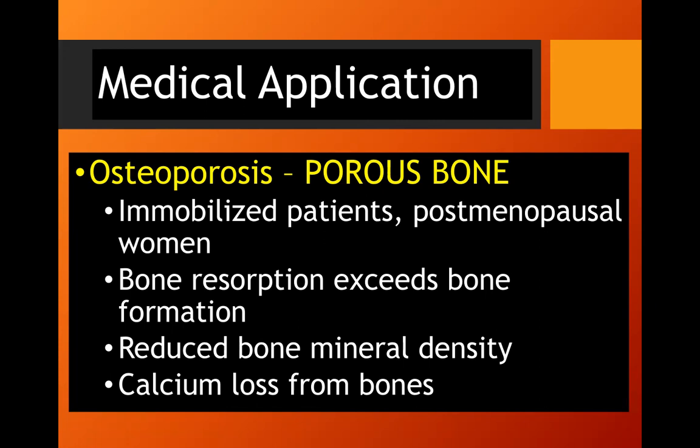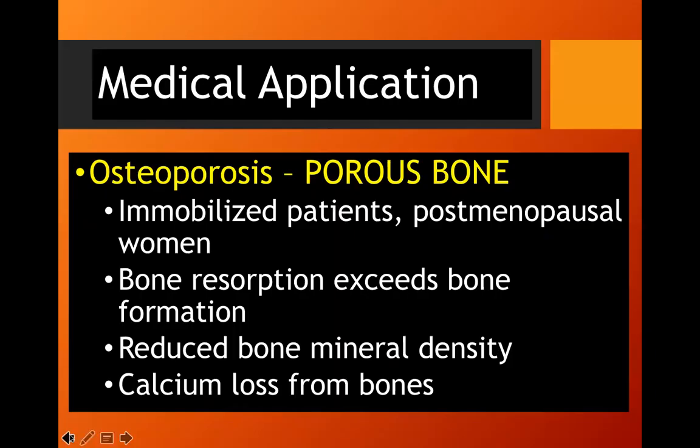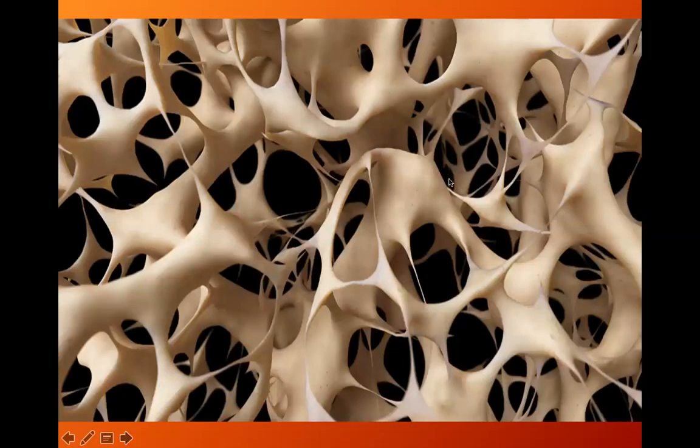So from the learnings that we had a while ago, the osteoclast functions as bone resorption, and here it exceeds bone formation, or exceeds the osteoblast. Having said that, osteoporosis has a reduced bone mineral density as well as calcium loss from the bones.